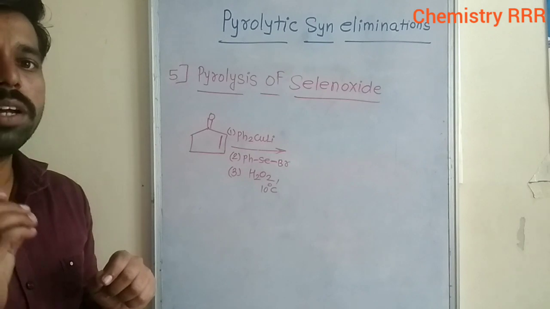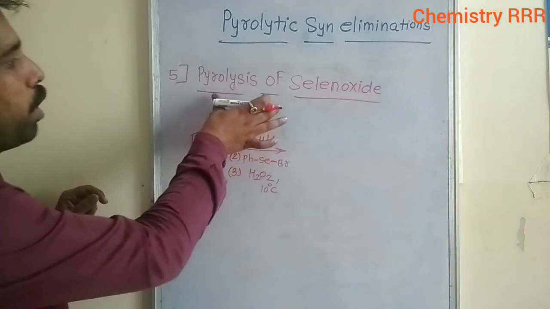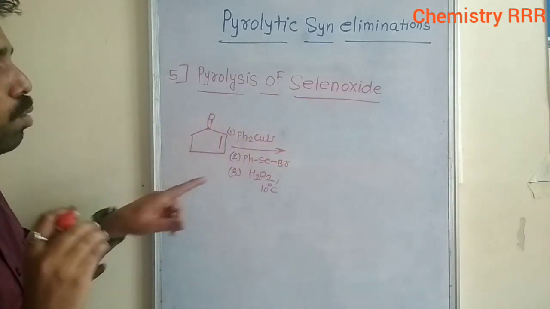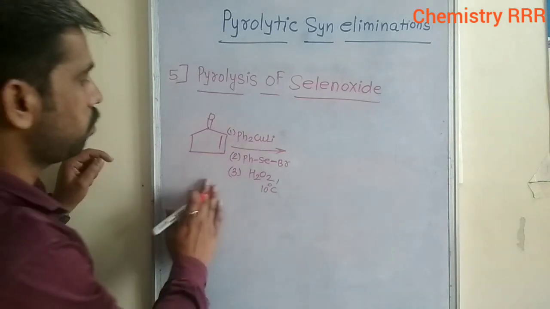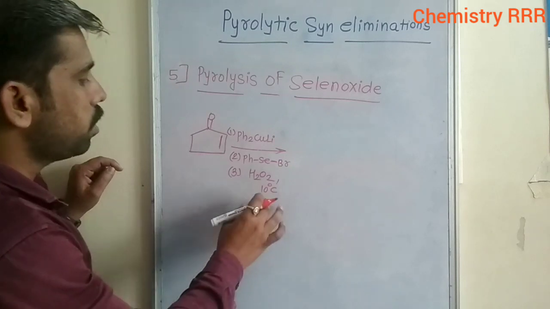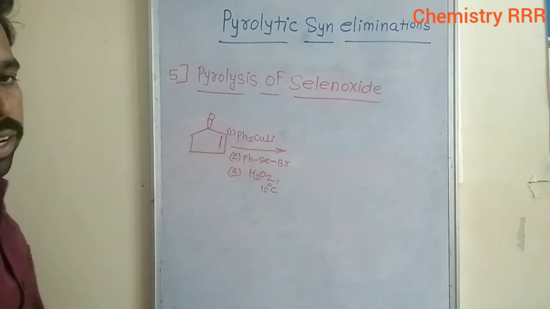All these reactions require the high temperature, but pyrolysis of the selenoxide, this reaction goes at the room temperature or below the room temperature. Because of that, this reaction requires the 10-degree temperature.